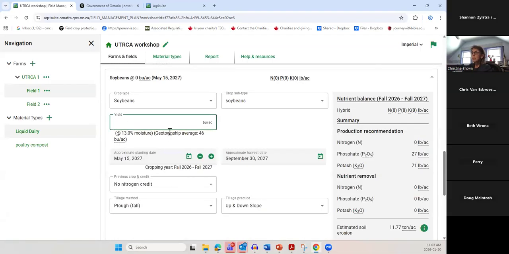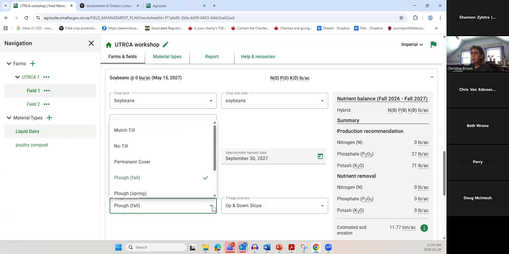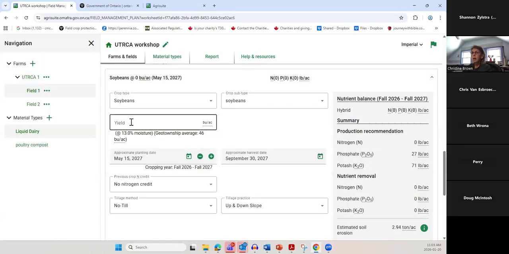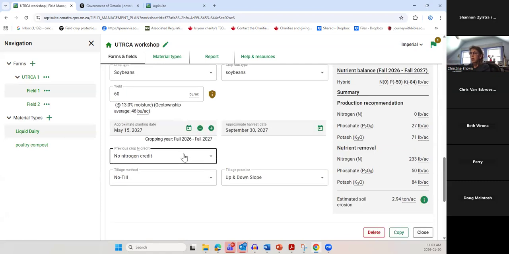For soybeans, we're going to say no-till and be optimistic for a 60 bushel yield, assuming it's not too dry in August. And then we've also got the dates that we can adjust if we need to.